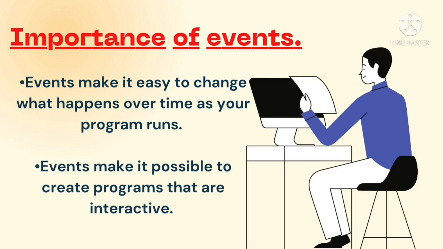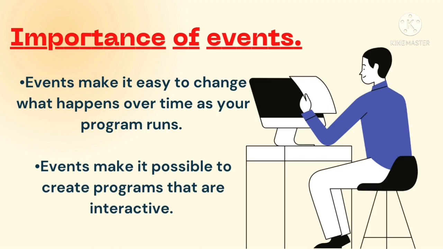Events also make it possible to create programs that are interactive. So we use an event block to change the sprite size, position, or rotation when the user presses a key. So these are some of the importance of using events in our program.